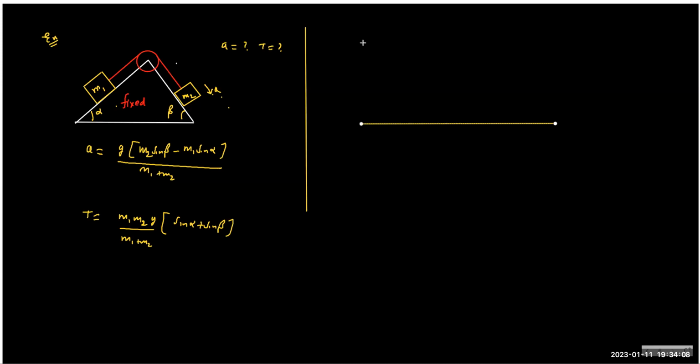On a smooth horizontal surface, we have 3 blocks kept one after the other, and one of them is pushed horizontally by a force F. So first question is, will all blocks move with the same acceleration or different acceleration? Same acceleration. Okay, so what will be the acceleration of all three? A will be F by (m1 plus m2 plus m3). Very good.